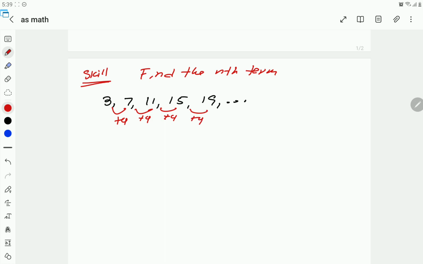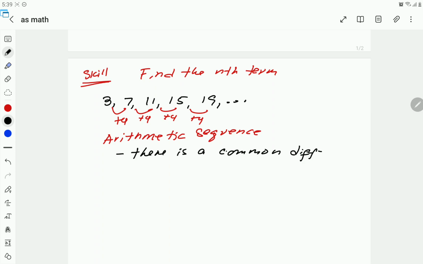And this type of sequence is what we call an arithmetic sequence. An arithmetic sequence is a sequence wherein there is a common difference. Okay? There is a common difference.